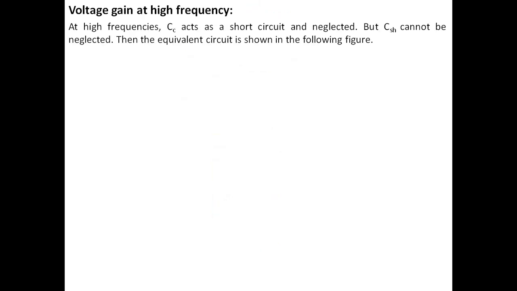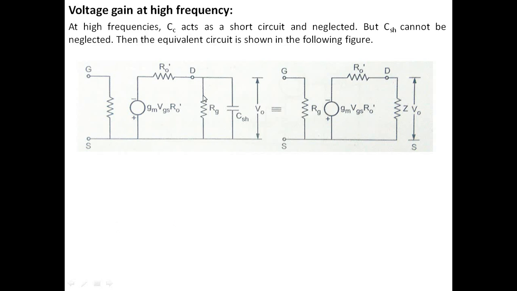Now calculate the voltage gain at high frequency. At high frequency, the Cc will act like a short circuit, and CSH cannot be neglected. You place the CSH in the actual circuit, at the output side.